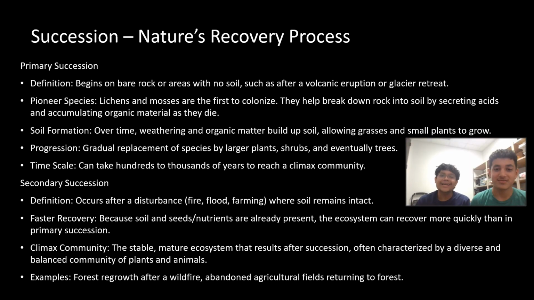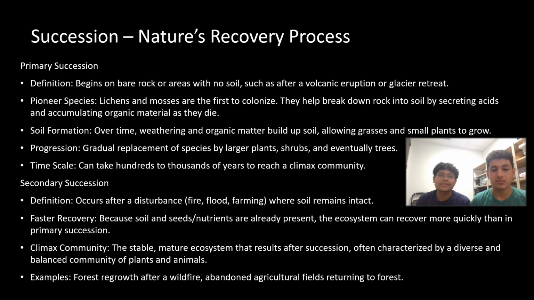All right, and now we have succession. What is primary succession? Primary succession begins on bare rock or in areas with no soil, such as after volcanic eruptions or a glacier retreat. Basically, there are no organisms living there. Pioneer species are the first species that colonize, and they help break down the rocks into soil by secreting acids and accumulating organic material as they die.